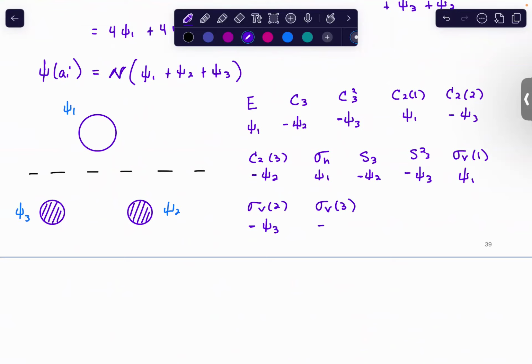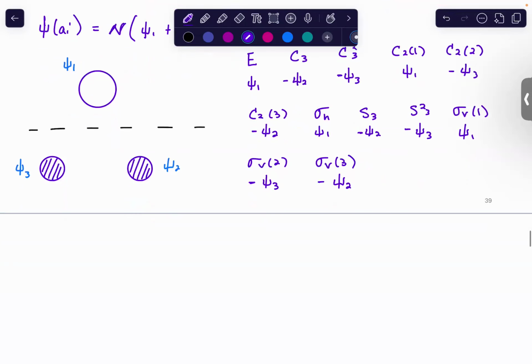I'm seeing enough of these psi 3s and psi 2s that I'm thinking something may have happened. We'll figure it out. What do we get?